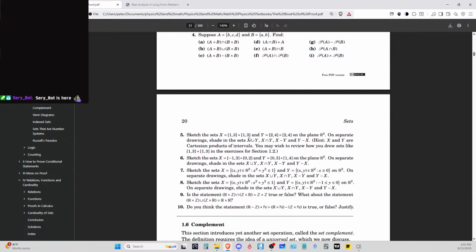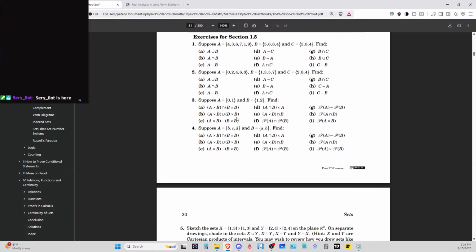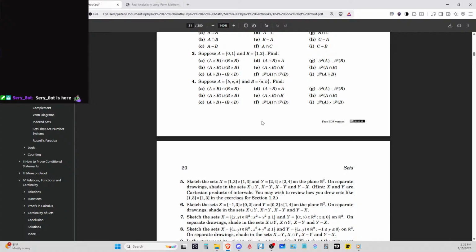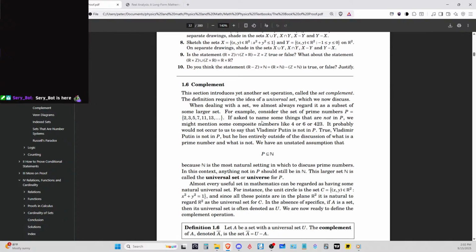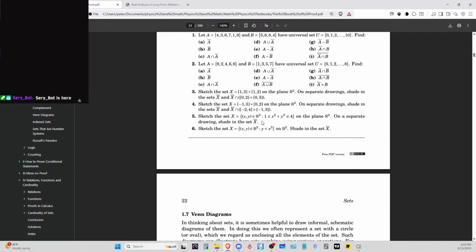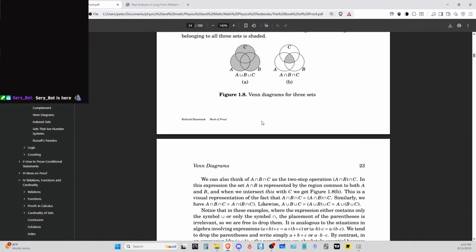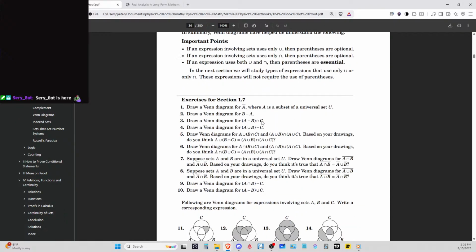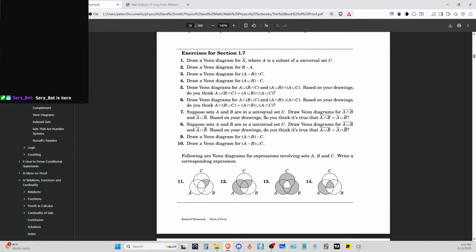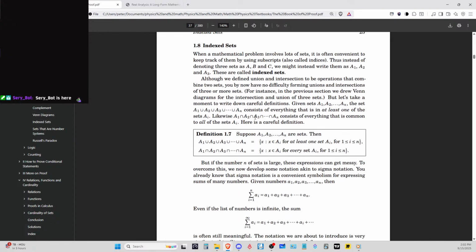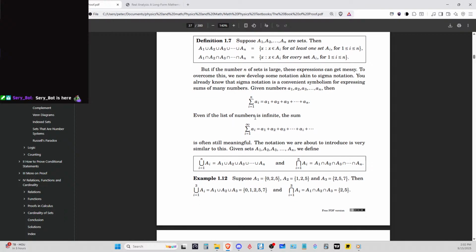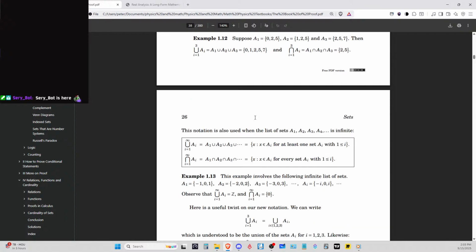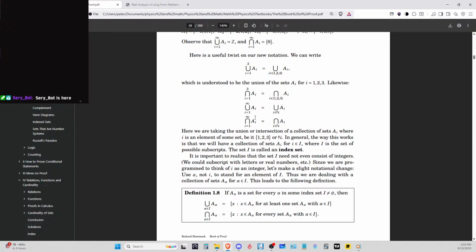I want to do proofs involving them though. I don't want to do something where they already give you a set to work with. Venn diagrams, draw a Venn diagram. Let's see.